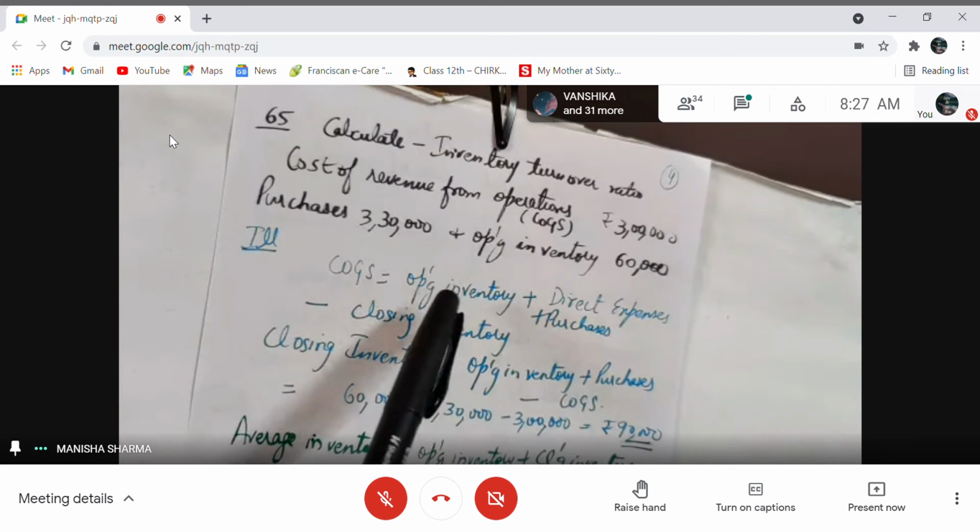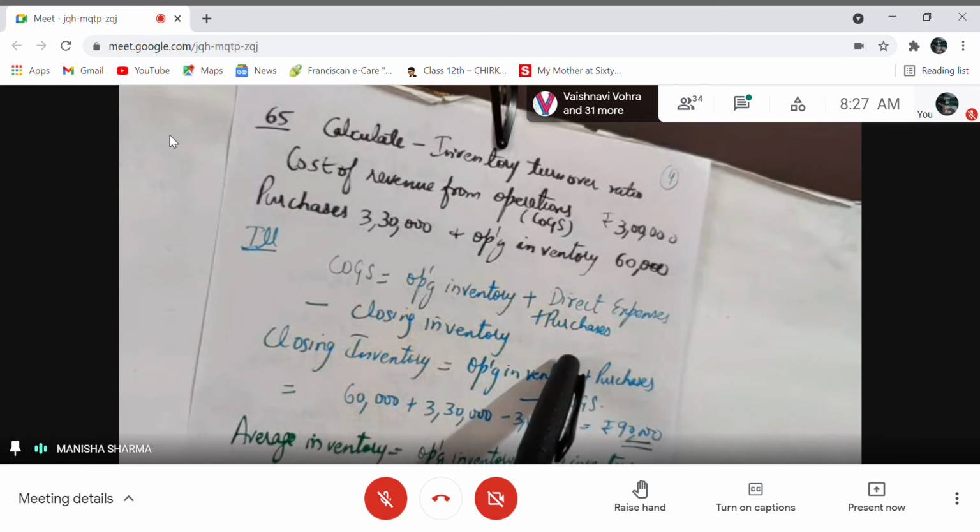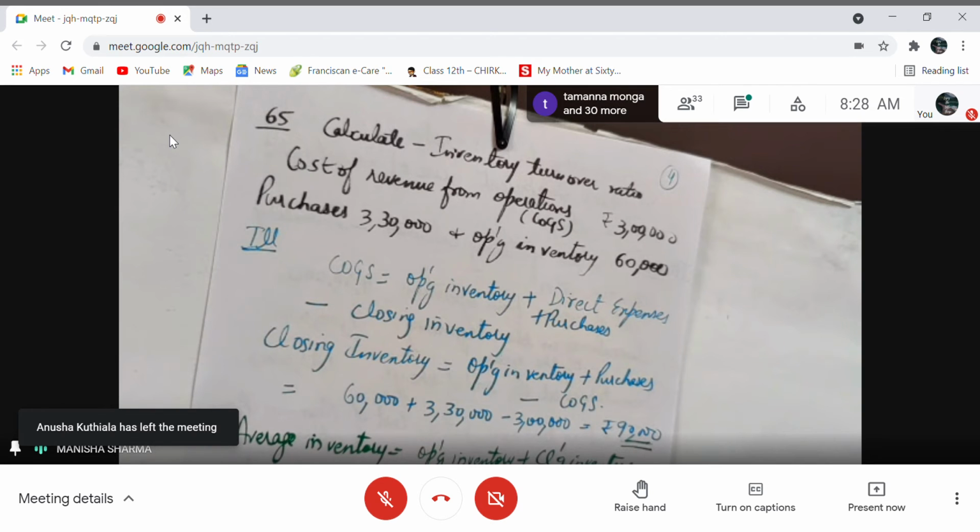So I will do opening inventory plus net purchases minus COGS. By doing so, I will get the closing inventory, because I need both closing inventory as well as opening inventory in order to calculate average inventory, which is the denominator of the formula to calculate inventory turnover ratio, right?